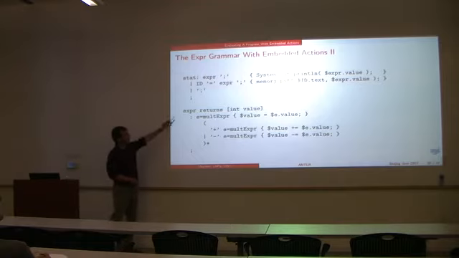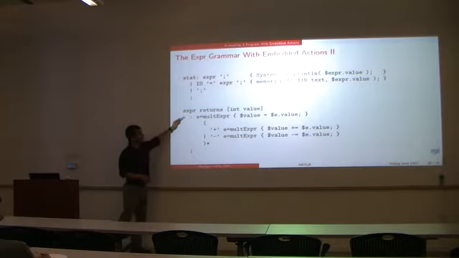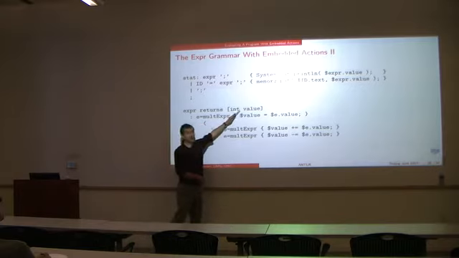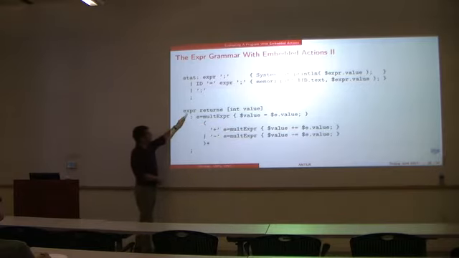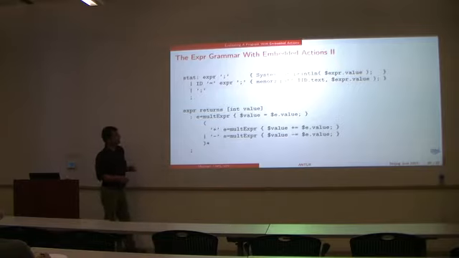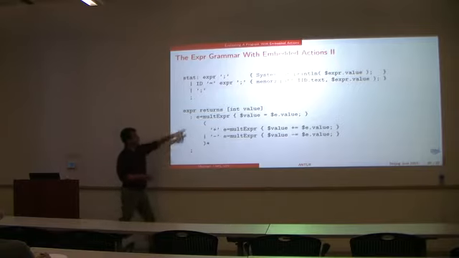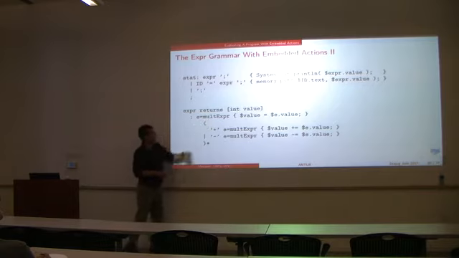To add embedded actions to the expression rule, we need to go a bit further. We need to tell Antlr we're going to do some basic Java computation here. I need a return value for the method that you produce that's called expr in the generated class. And we're going to assign names to these subrules.